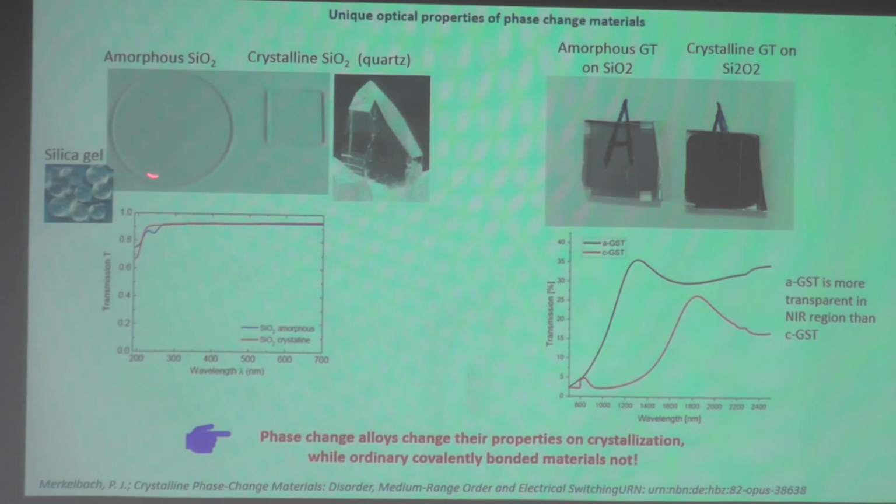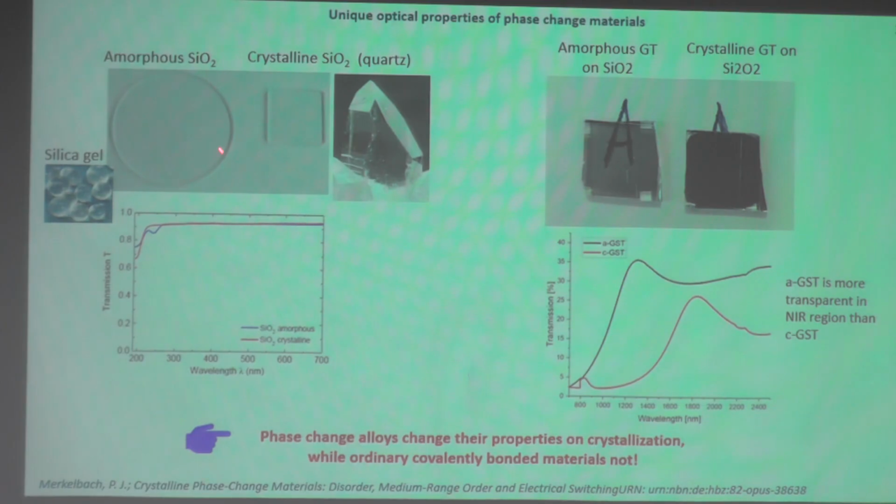So in amorphous, it's transparent, and in crystalline too. This can also be nicely seen in the transmission measurements. Both crystalline and amorphous are transparent.